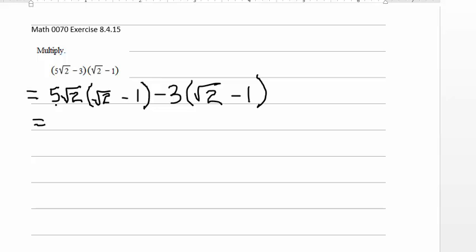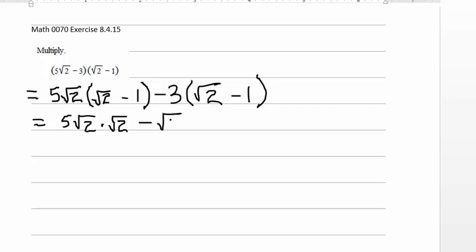And really this is going to be FOIL. First times first. If you don't like the concept of FOIL, you can simply think of it as the distributive property twice, because that's what it is. Negative 1 will be multiplied times 5 square root of 2.